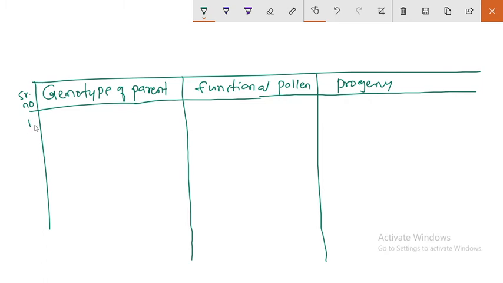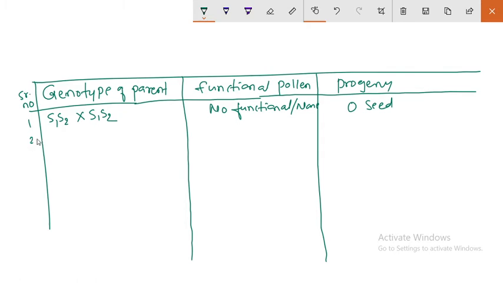First, when S1 S2 is crossed with the self S1 S2, there is no functional column, so none. Zero seeds will be produced because it is S1 S2 with S1 S2.